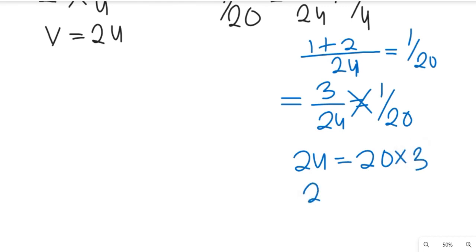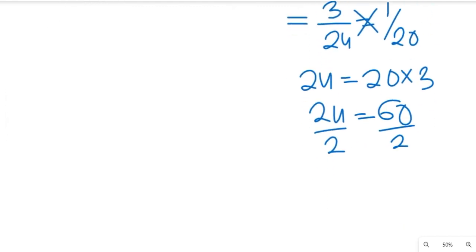So our 2u will be equal to 60. Now if we divide both sides by 2, we'll have our u equal to 60 divided by 2, which is 30 centimeter.